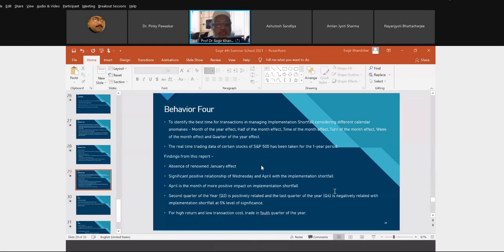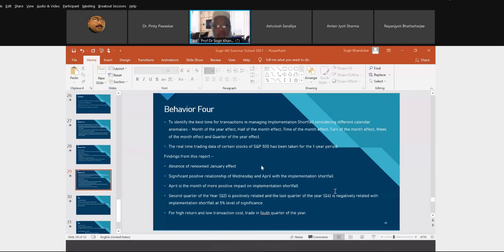The outcome shows the 6th day of the first week of January, the 4th day of the first week of March, the 6th day of the first week of April, and the 6th day of the second week of April respectively have a positive relationship with implementation shortfall at the 1% level of significance. The 4th day of the second week of April has a 5% level of significance for implementation shortfall.